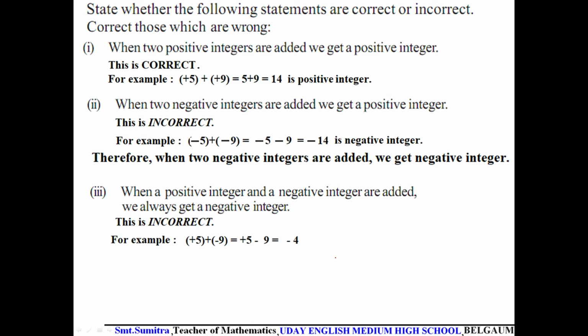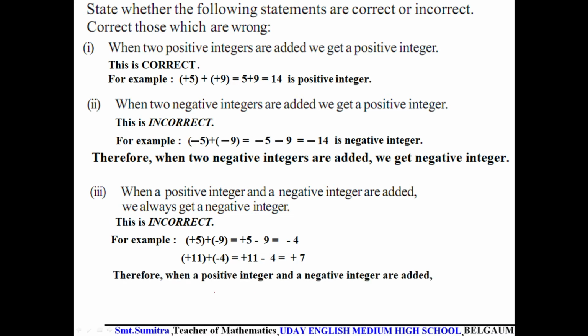If we take one more example, +11 and -4. +11 minus 4 is +7. Here we are getting a positive integer. The bigger number's sign is given, +7.